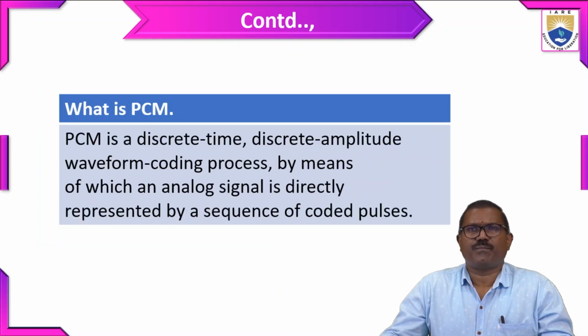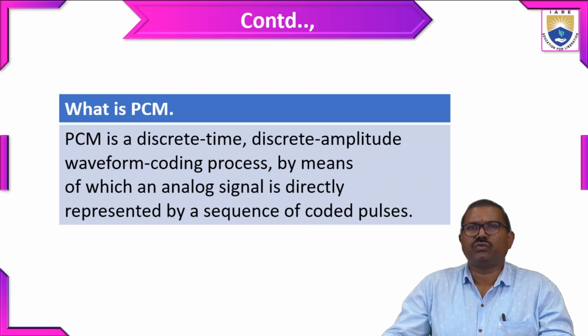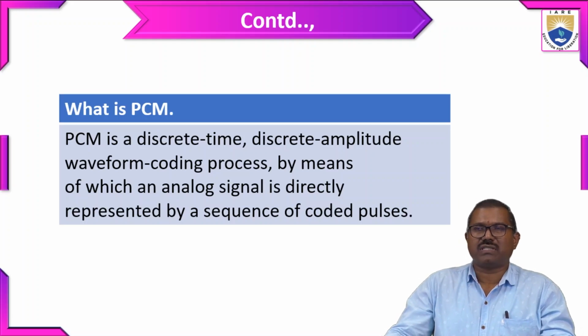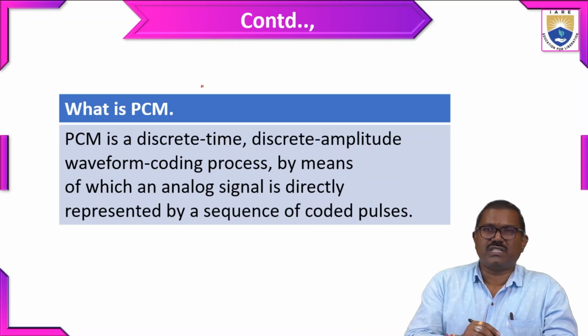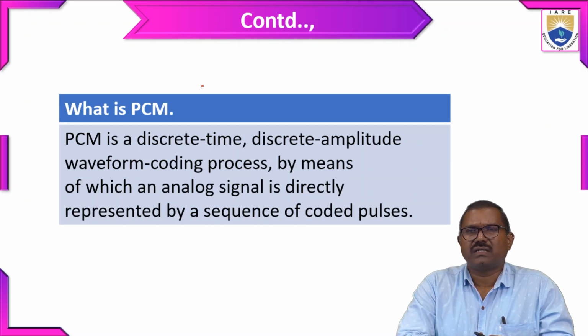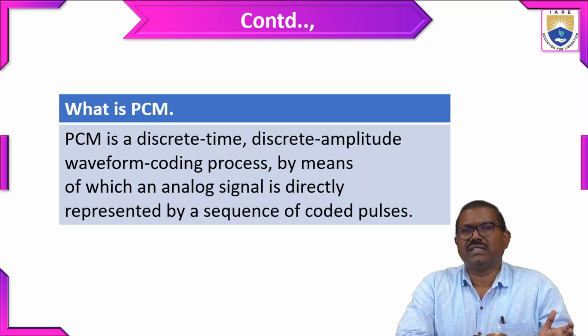Now what is PCM? PCM is a discrete-time, discrete-amplitude waveform coding process by means of which an analog signal is directly represented by a sequence of coded pulses. Simply you can say PCM is a sequence of coded pulses. Here the analog signal is converted to digital in the form of coded pulses.